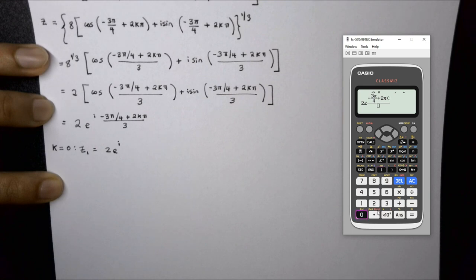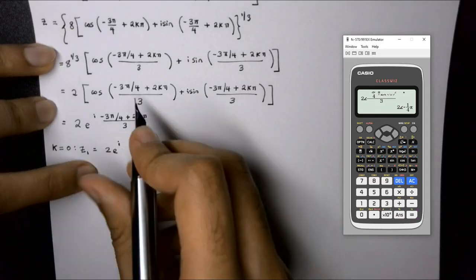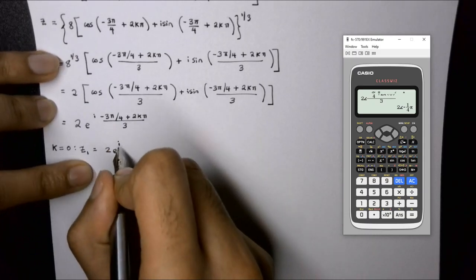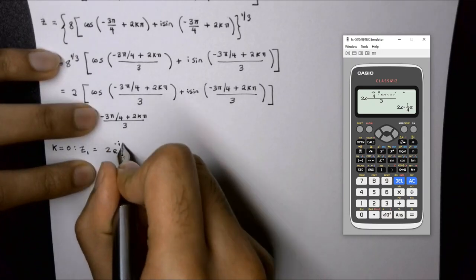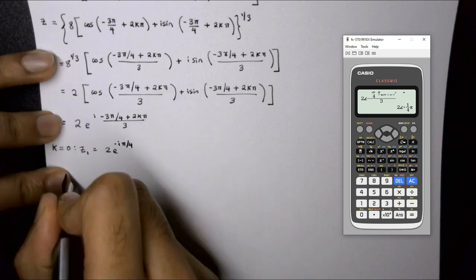Now k over here is equal to 0, and then we divide by 3. So you can see over here for the first angle we get minus pi i over 4.